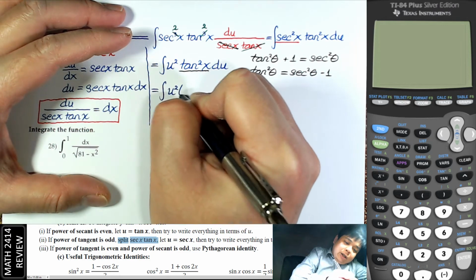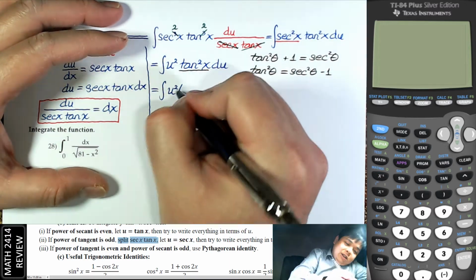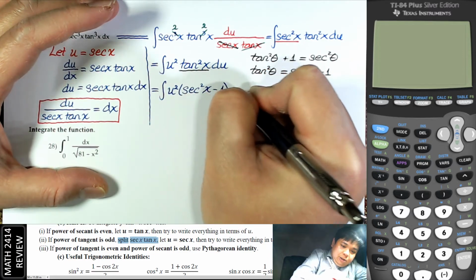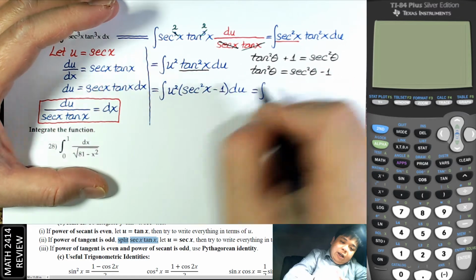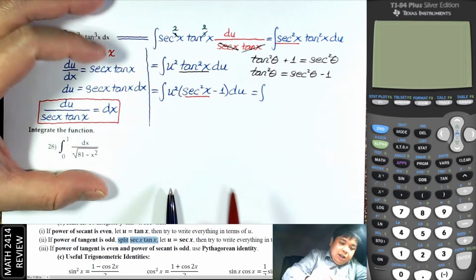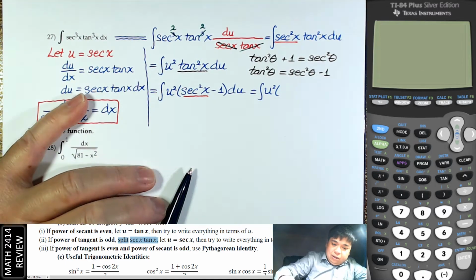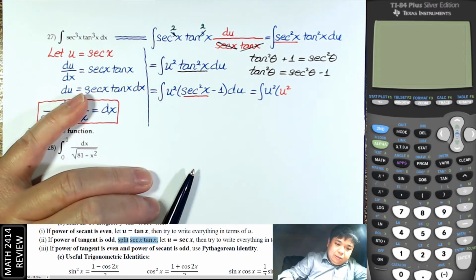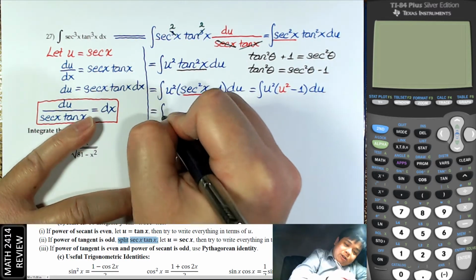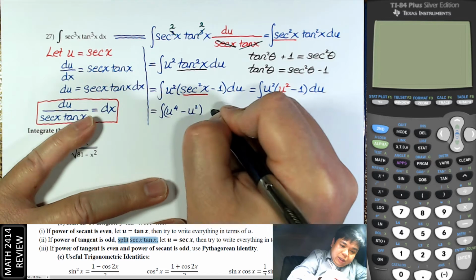So u square, tangent square is secant square minus 1. And the secant is going to be u, so that is u square. And multiply them out: u to the 4th minus u square du.